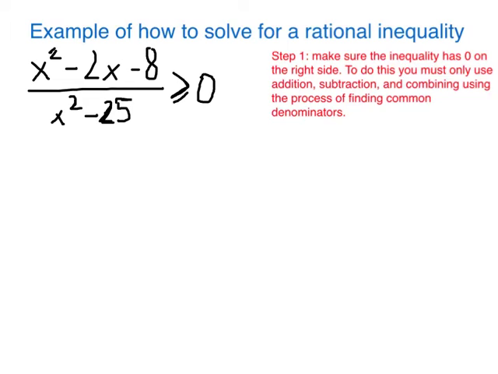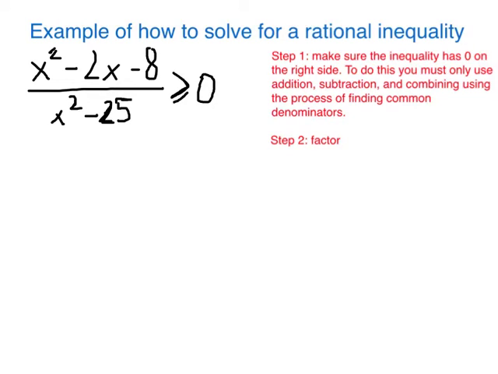To do this, you may only use addition or subtraction and then combine using the process of finding common denominators. You cannot multiply or divide to eliminate things, and definitely don't cancel anything out that would cancel out.